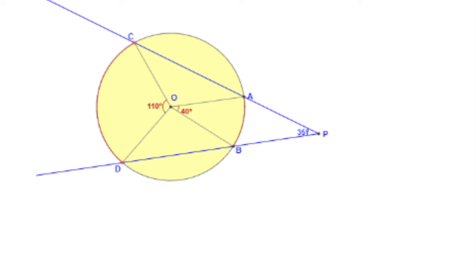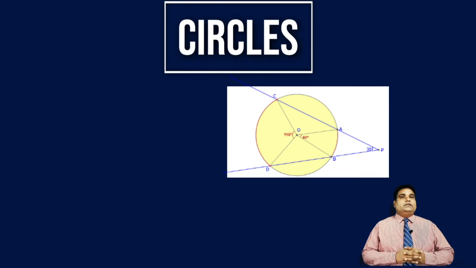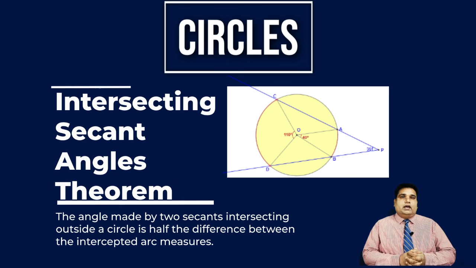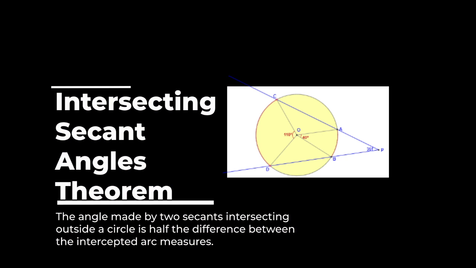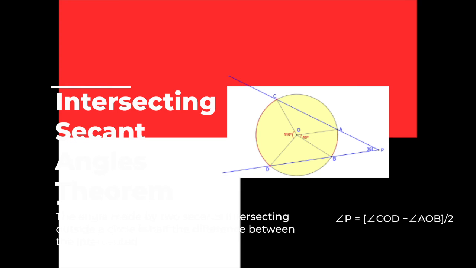So here you can see in the diagram, point P is outside, and we have two secants PAC and PBD, and they are forming two arcs, one is arc AB and another is arc CD. So the theorem says that if we take the difference between these two central angles, that will be half of angle P. So here we can say angle P will be angle COD minus angle AOB, divided by 2.